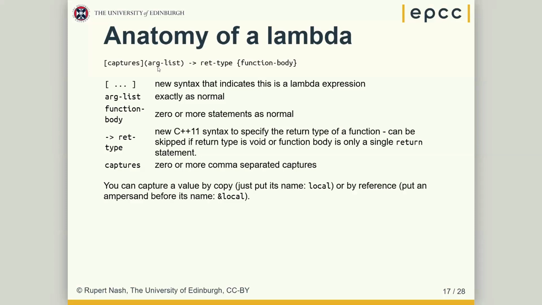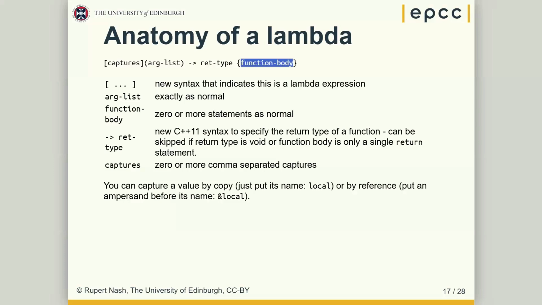It has an argument list, and these are the arguments that are passed to it when the lambda function is called. We have a function body, which is what the function actually does. We have a return type where we can explicitly tell the compiler what we expect to be output by the function.